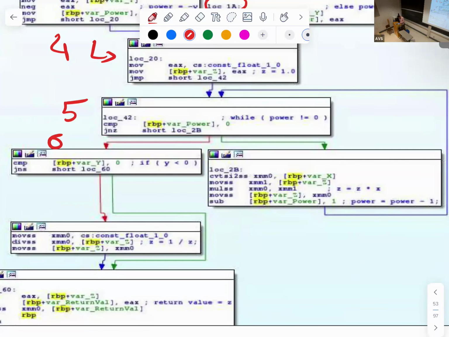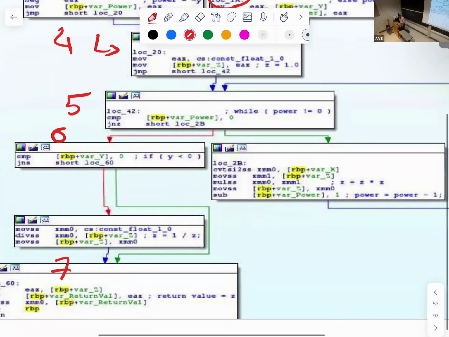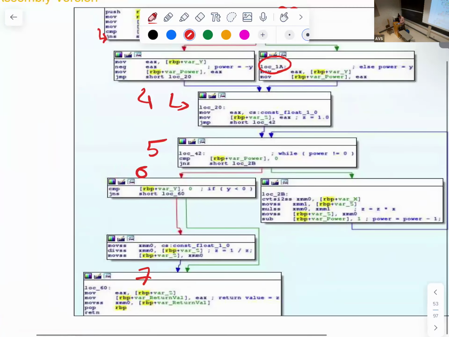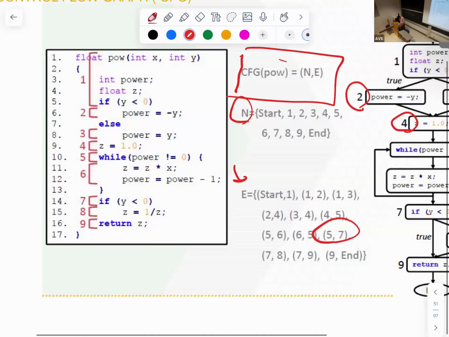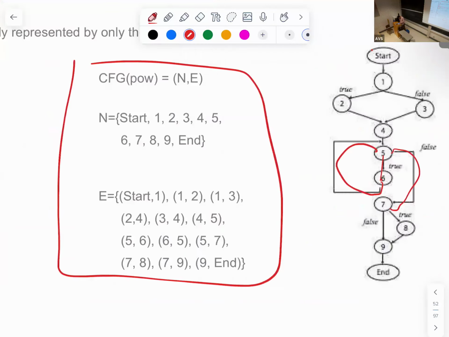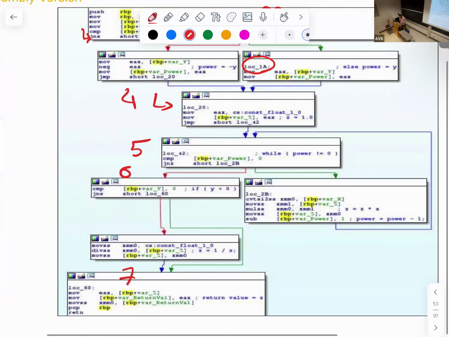I think this is your 7, because you can jump over it. And this is basically what you're going to get from your code. Okay? Questions?